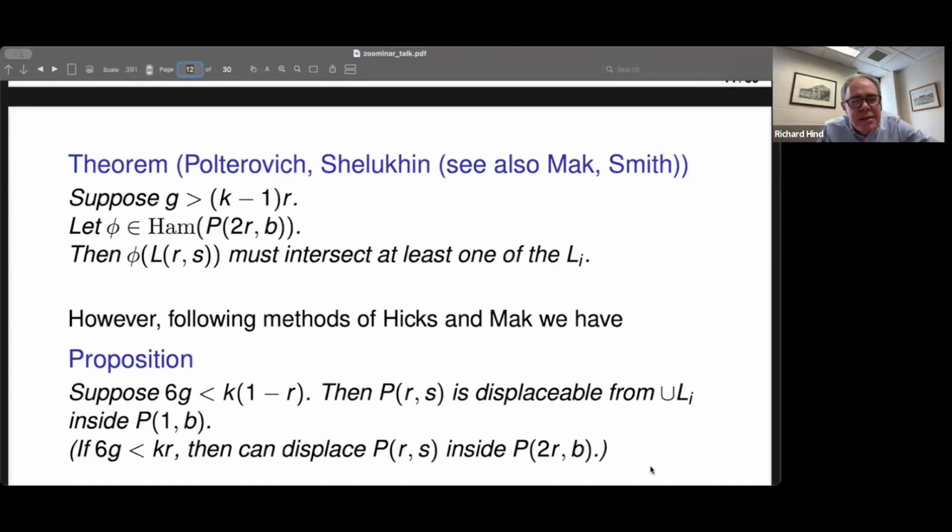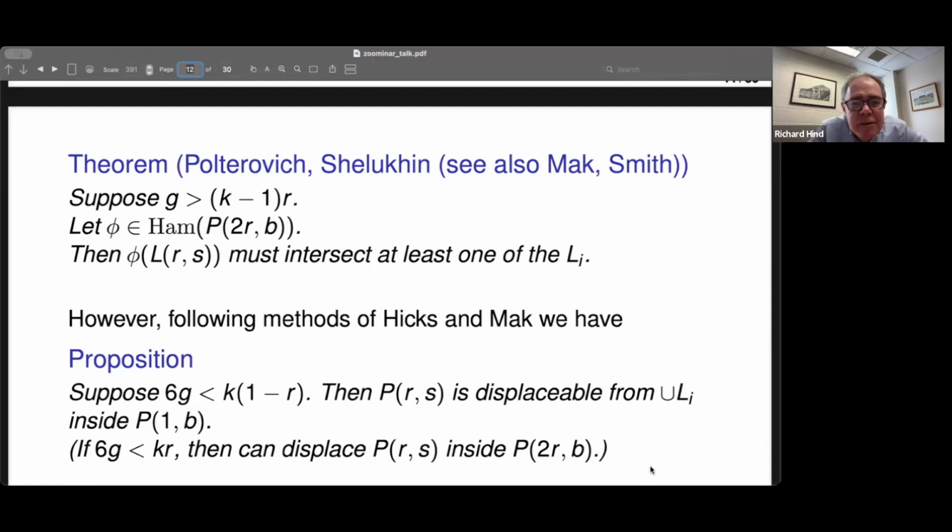We're assuming that phi is a Hamiltonian diffeomorphism of the polydisk. Then indeed, phi of L_{R,S} must intersect one of those L_i's. In other words, L_{R,S} can't be displaced from this Lagrangian packing.